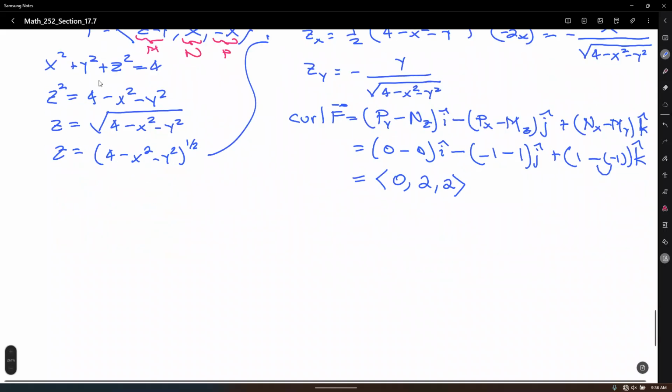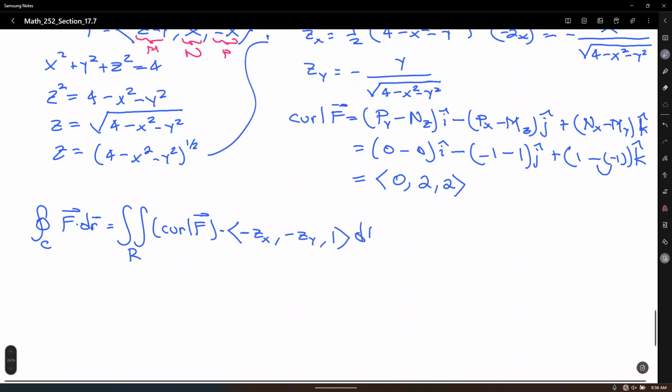So we're going to evaluate the line integral, well, not the line integral way we already did, F dotted with dr. That equals instead the double integral over the region R of the curl of F dotted with negative z with respect to x, negative z with respect to y, 1, dA.